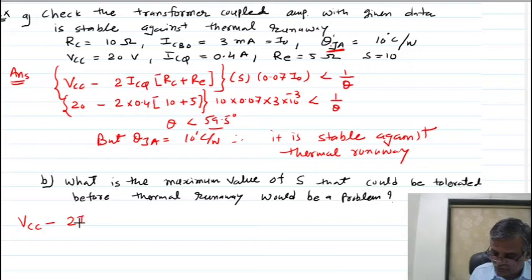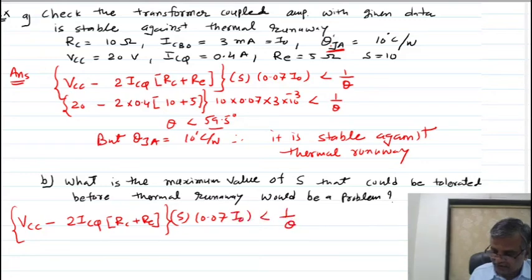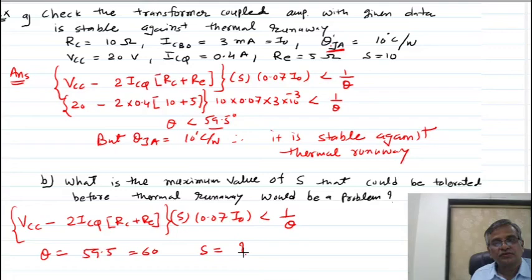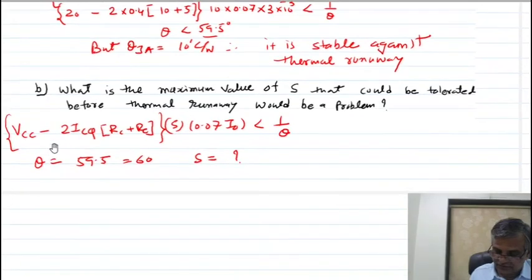VCC minus 2ICQ into RC plus RE, this is S, 0.07, I0 should be less than 1. Now put the theta here, theta should be 59.5. Then what should be the value of S? How much S? I can calculate it this way.